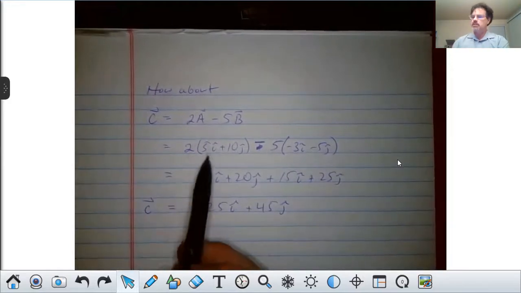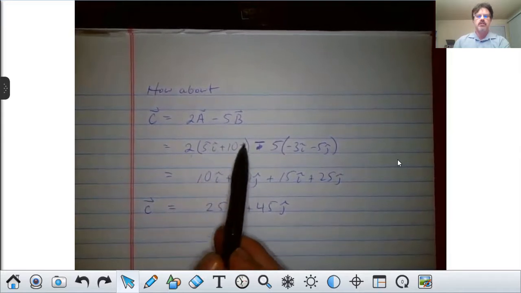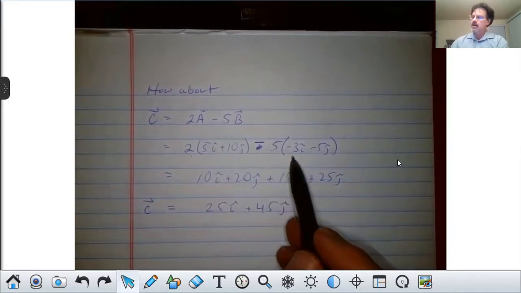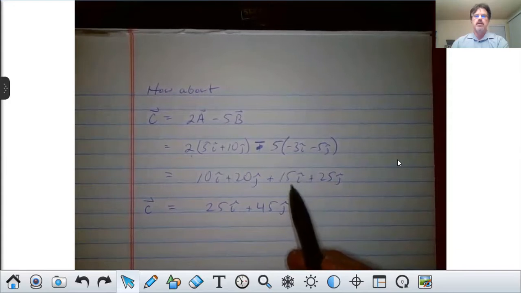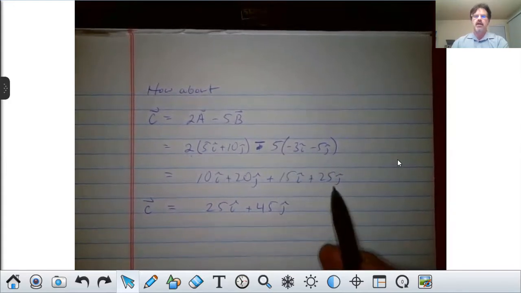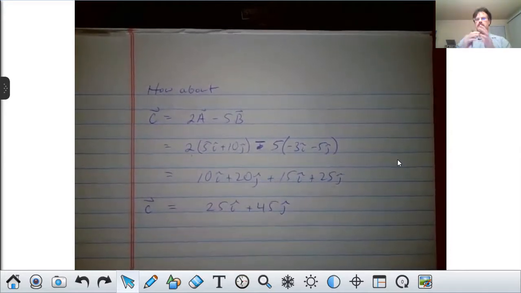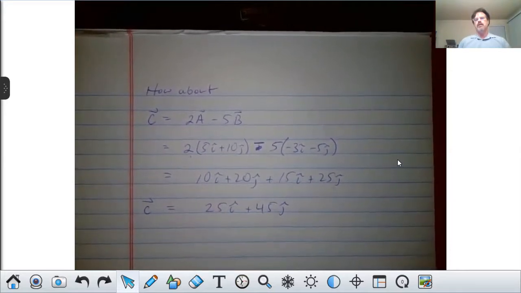So I just basically distribute through with the 2. I get 10I hat plus 20j hat. Gives me this first term. Minus 5 times negative 3 is a positive 15I hat. And then I get a plus 25j hat. So whenever I have scalar numbers multiplying a vector, you just multiply all the components.